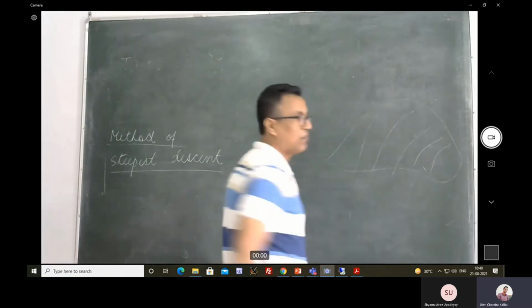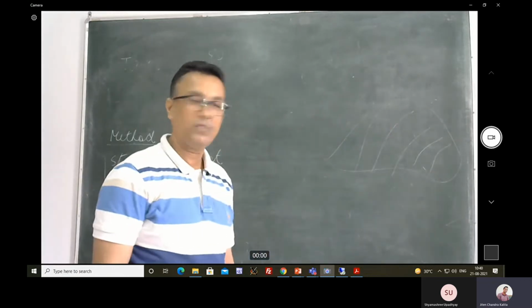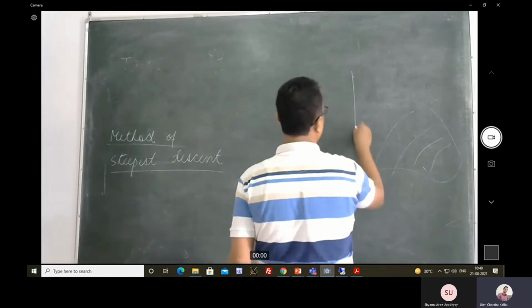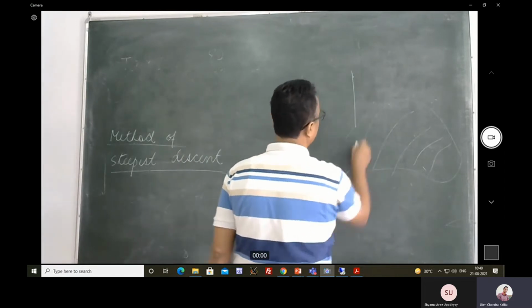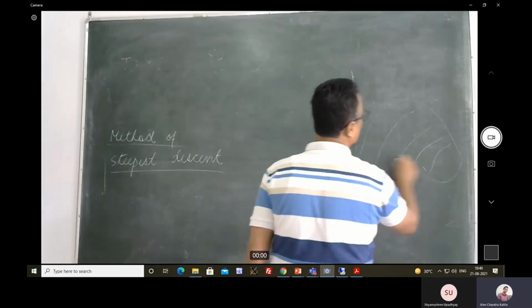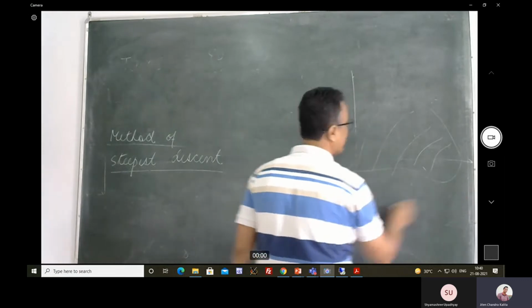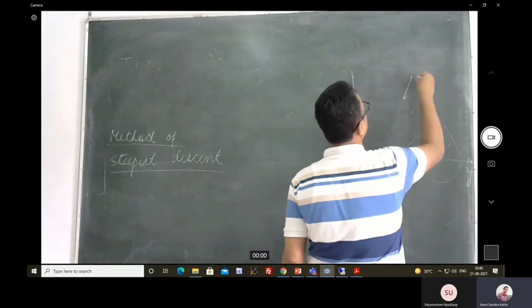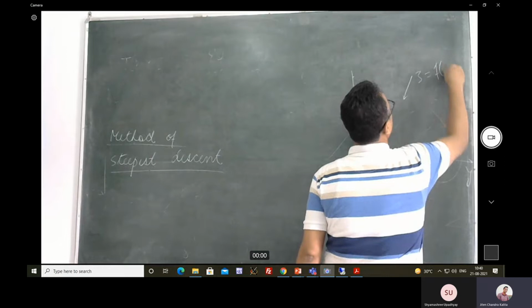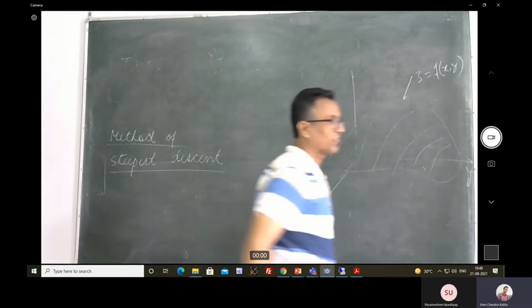And you know that a mountain can be considered as a surface, right? So I can consider it as a function of two variables, isn't it? This surface I can consider to be the graph of a function.